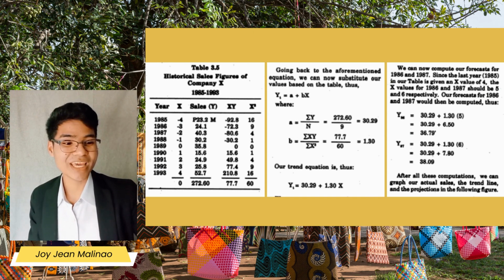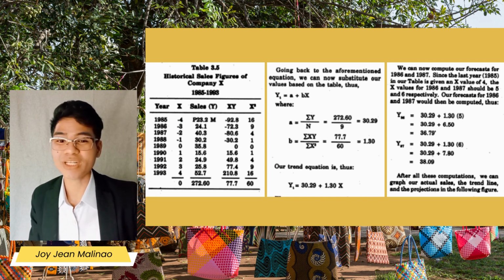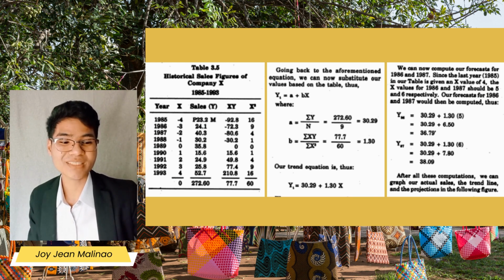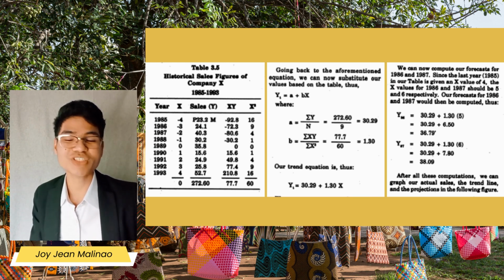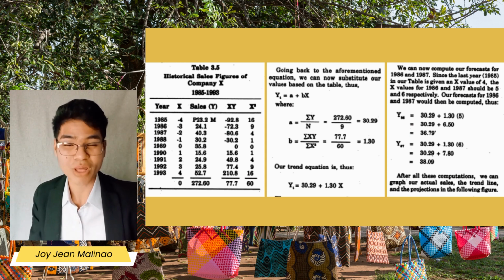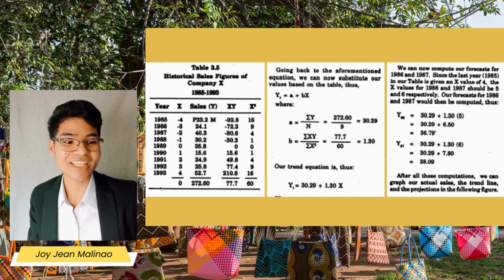So, simply adding the 30.29, the value of A, plus 1.30, the value of B, times 6. 6 is the value of X in the year 1987. So the result will be 38.9 million, which is the sale in 1987.